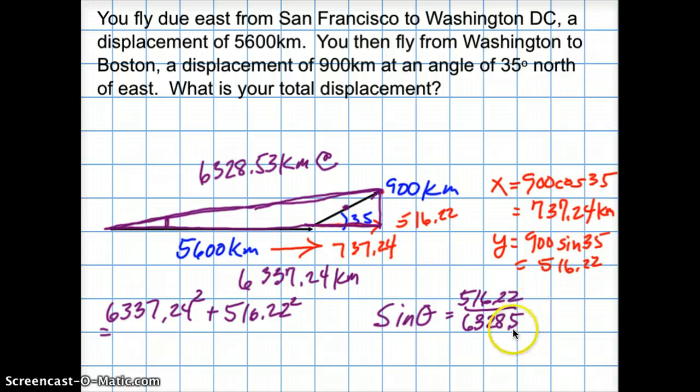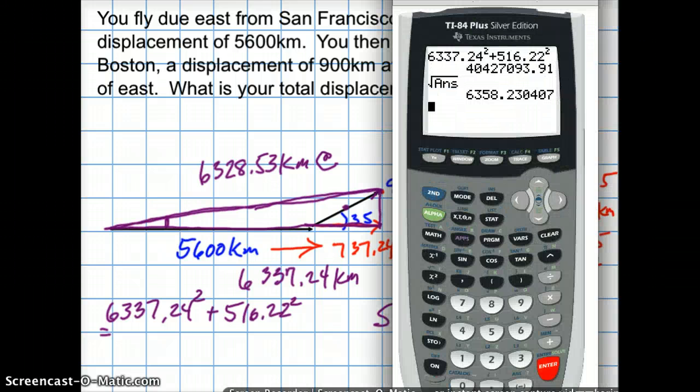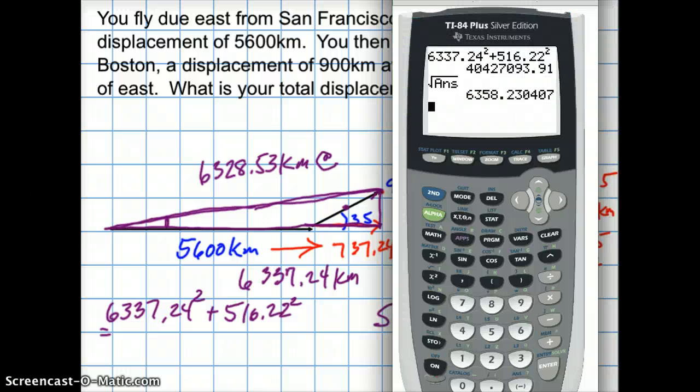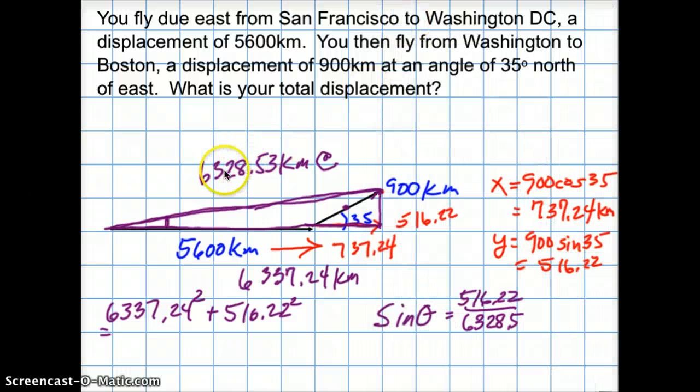I've got the wrong number in there somewhere, don't I? Let's see, 6358. That's what it's supposed to be. So let's fix that. This is supposed to be 6358.23 kilometers.